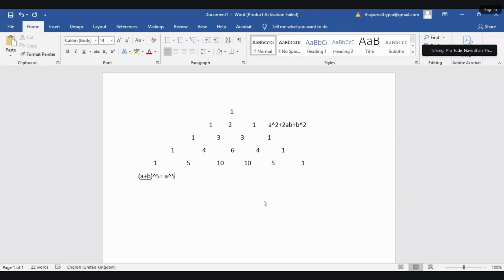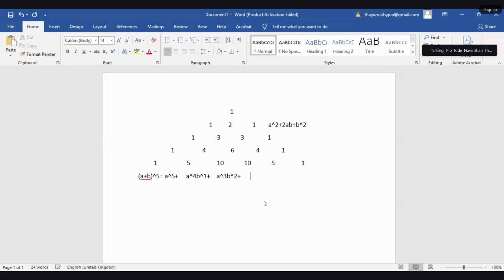The second one is b to the power 0, no need to put it. Here the power of a will be reduced and the power of b will be increased, so don't worry. Next, a to the power 4 into b, then a to the power 3 into b squared.